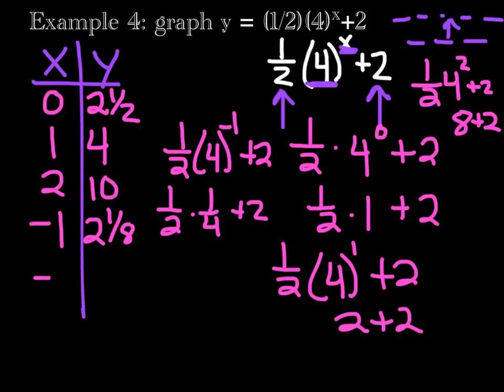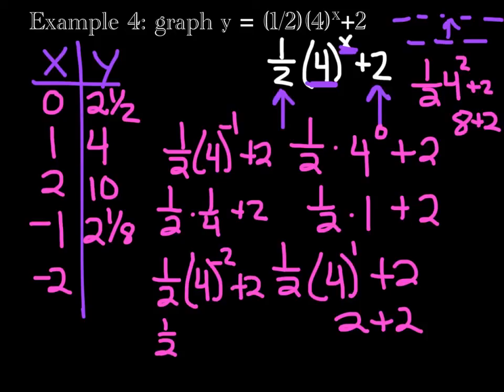If I had negative 2, I'd have 1/2 times 4 to the negative 2 plus 2, so half of a 16th plus 2. Half of a 16th is a 32nd, so I have 1/32 plus 2, 2 and a 32nd. You can see that it is approaching 2. It's going to get closer and closer to 2 instead of 0 now, and that's because of this plus 2 at the end.